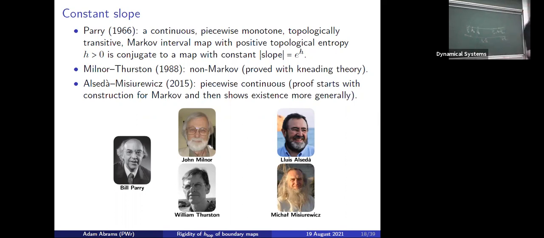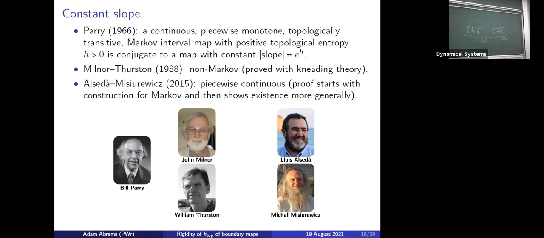Then Milnor and Thurston extended this to non-Markov maps using kneading theory. Alseda and Misiurewicz were able to do it for piecewise continuous maps instead of actually continuous maps. So these are the published results and the names that go with them.